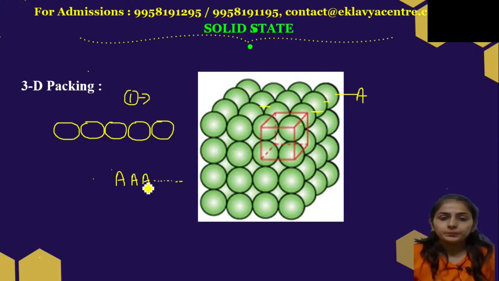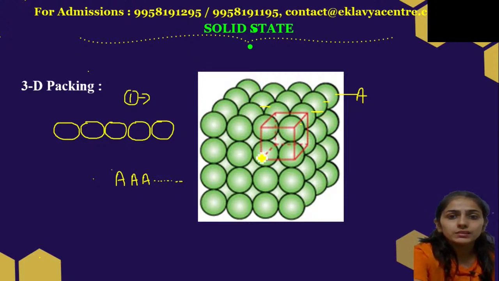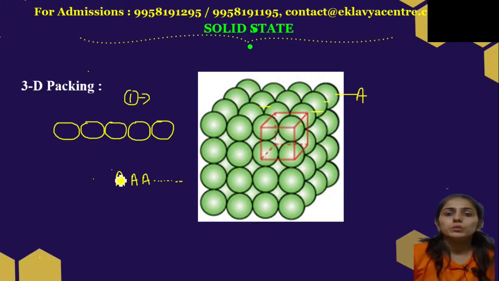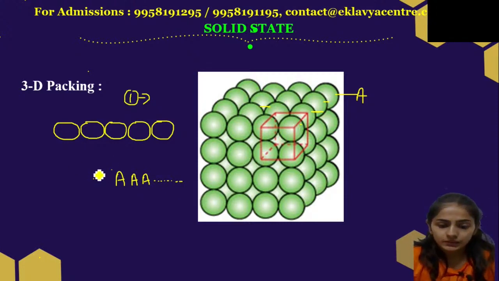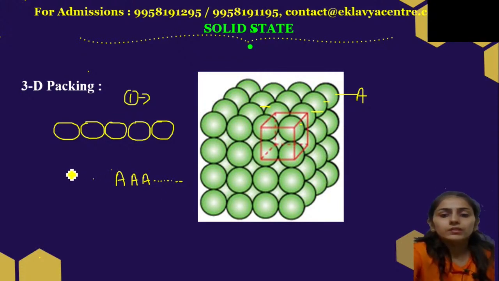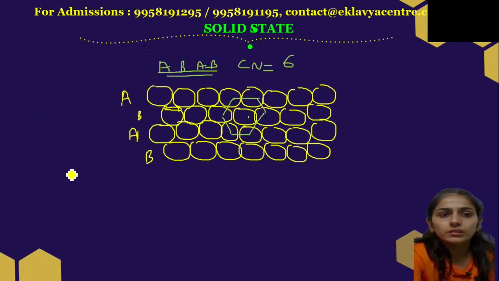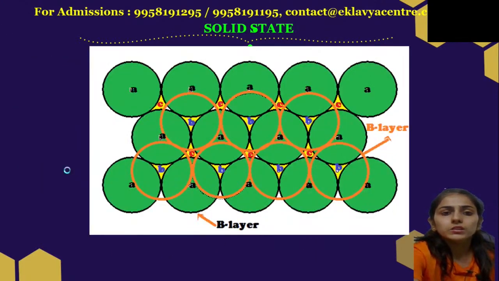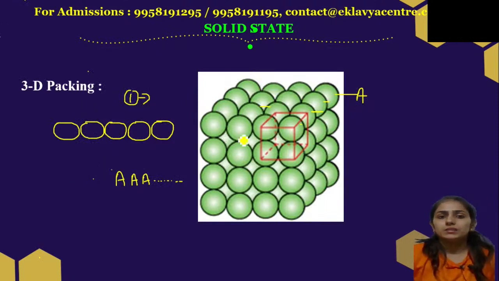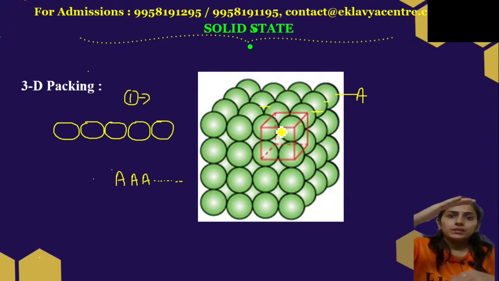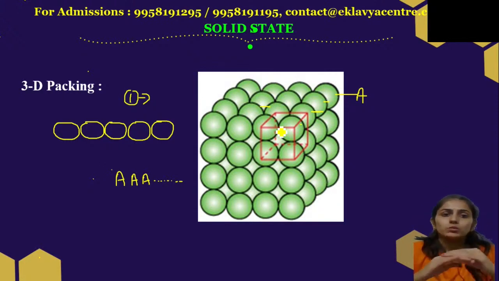This is square, so we call it 2D square packing. Earlier we had done 2D square packing. Here in 3D a cube-like structure is formed, where there is one layer, then second, then third, and since all the layers are similar, we call it A type packing.